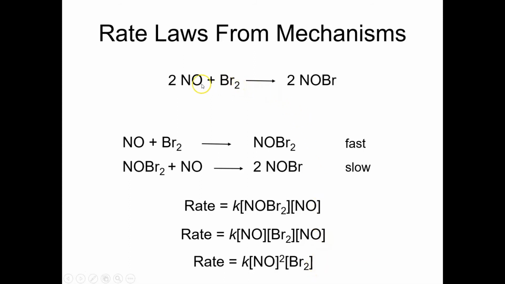If I write a mechanism for this that is inconsistent with this rate law, then that's not a plausible mechanism. But there are multiple mechanisms that I could propose that could be consistent with this rate law. So the actual observed rate law cannot unequivocally confirm what the mechanism is, but it can rule out some proposed mechanisms.